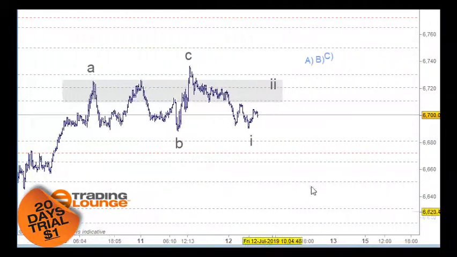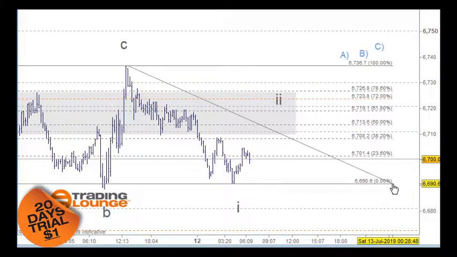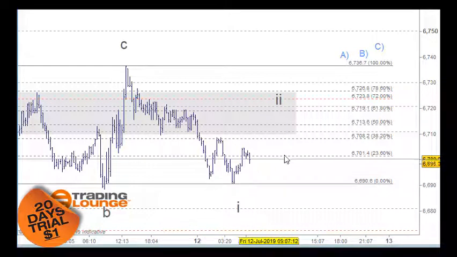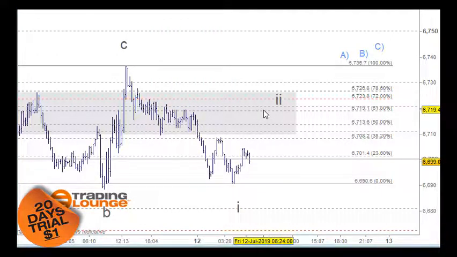So if I can just draw that out a little bit here. So we're up into this space here, so I'll just put this in. That's our little space there.